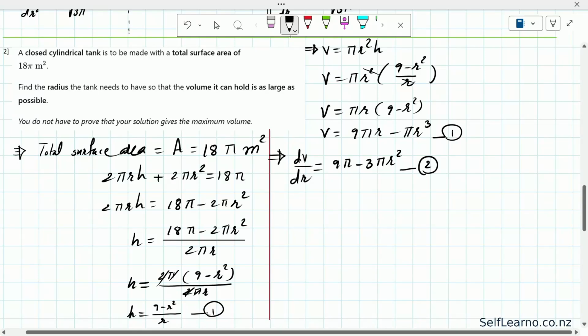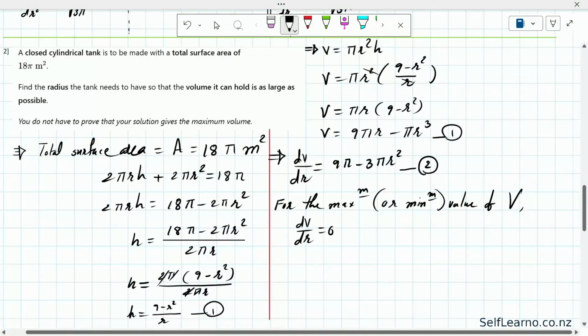Now we want to optimize the volume. So what do we write? For the maximum or minimum value of V, the first derivative has to be 0. So that is 9 pi minus 3 pi r square is equal to 0.